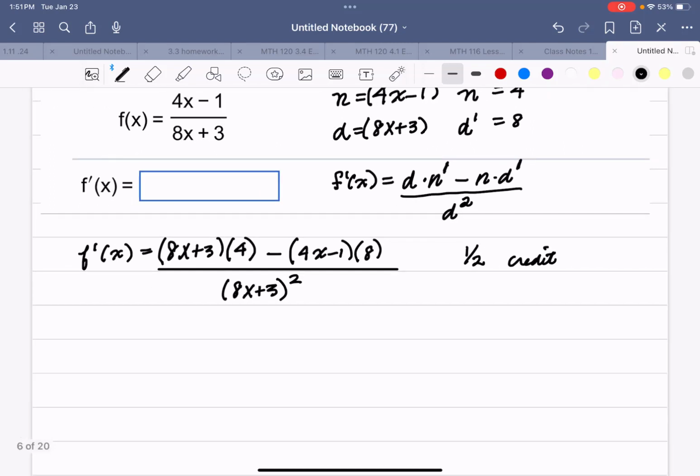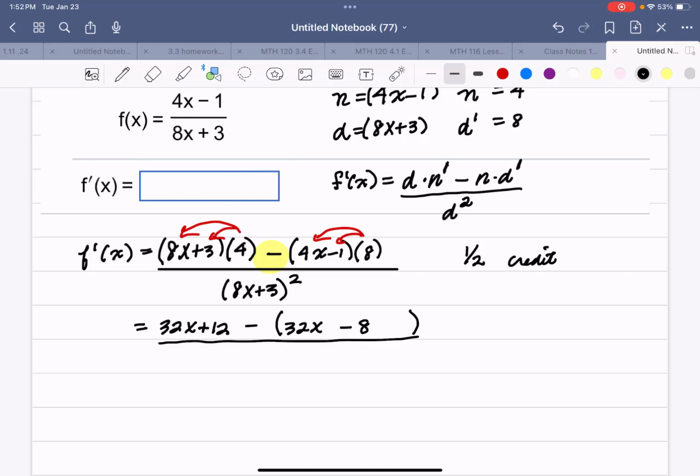Okay. Now simplifying this, I'm going to distribute my 4 through here and my 8 through here, and I'm going to be careful when it comes to this minus sign. So first I'm going to get 32x plus 12, and I'm going to distribute first, and then I'll come back and do the minus distributive. So that's 32x minus 8. Don't forget, this is all over the denominator squared.